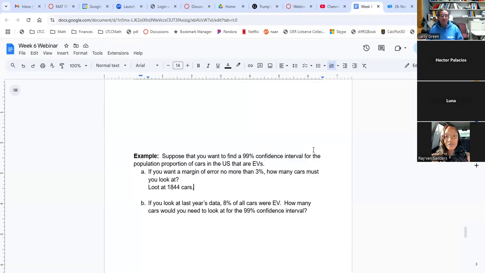I did a little Google search, and last year's data said 8% of all cars were electric vehicles. Is that going to change how many cars I now need to look at? Because I know what last year was. And the answer is yes, you're right. It's going to change it.